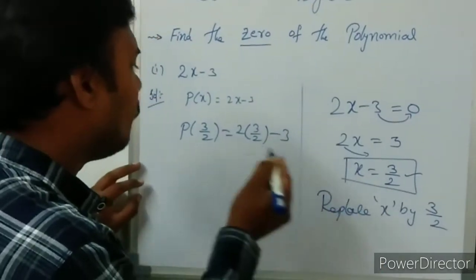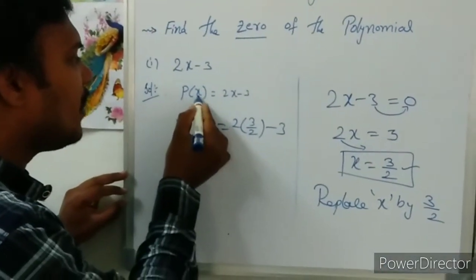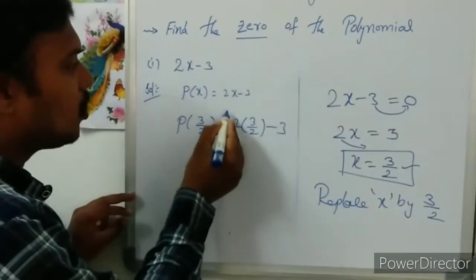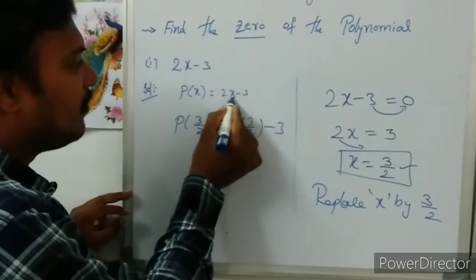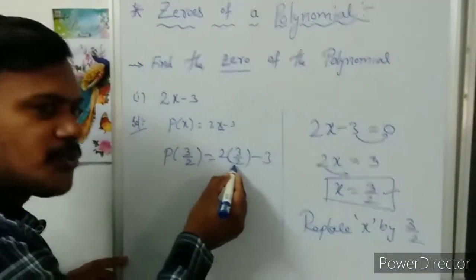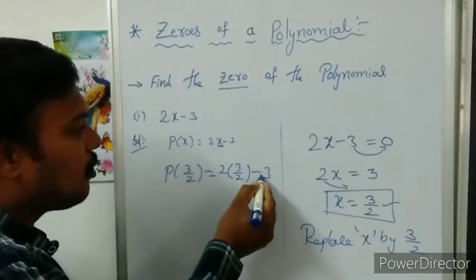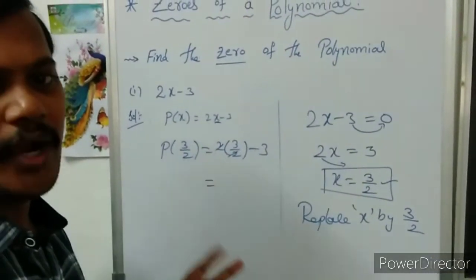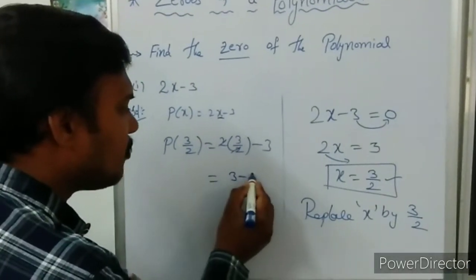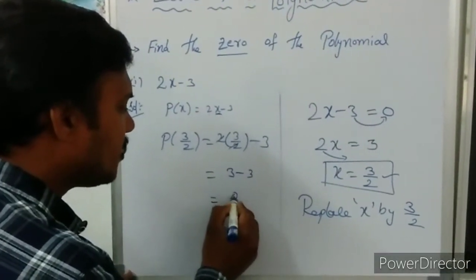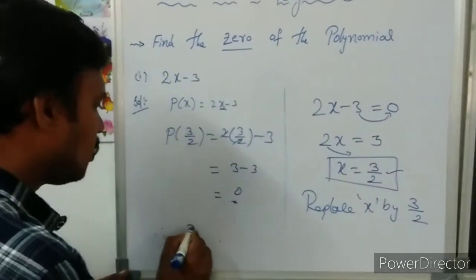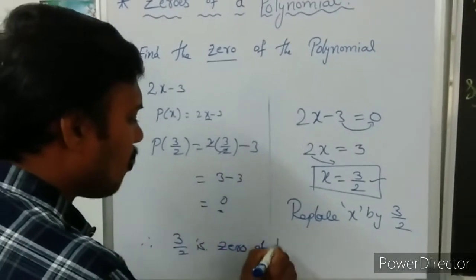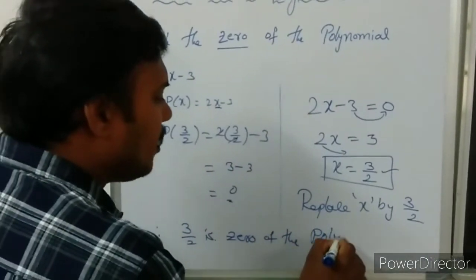Where x is there in the polynomial, we substitute 3 by 2, and the 2 and minus 3 also remain. Just cancel 2 and 2. What is remaining? 3 minus 3. What is the value? 0. So therefore 3 by 2 is a zero of the polynomial.